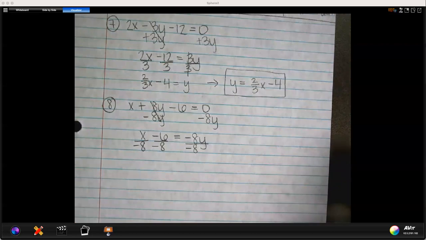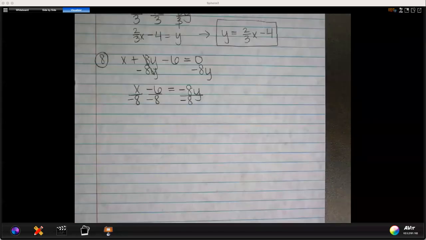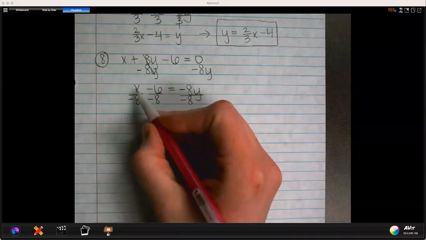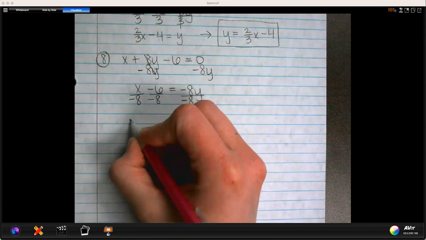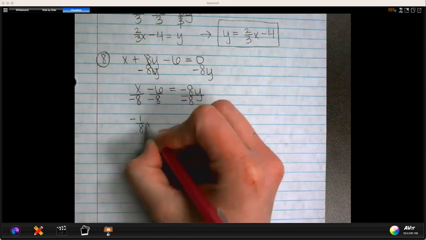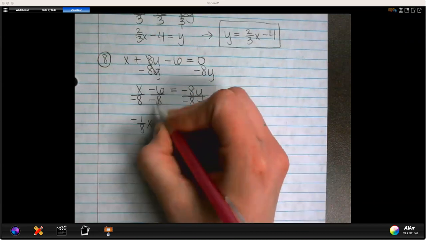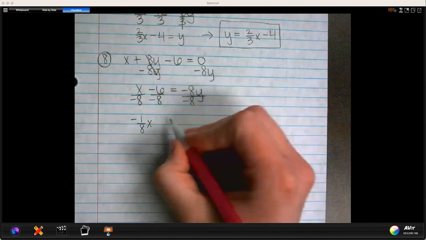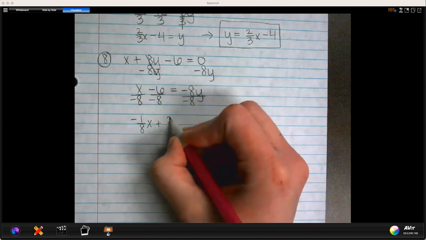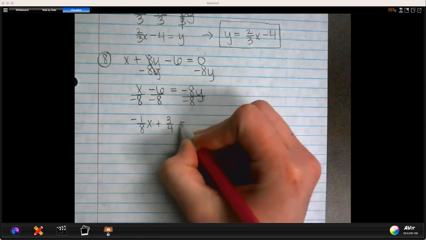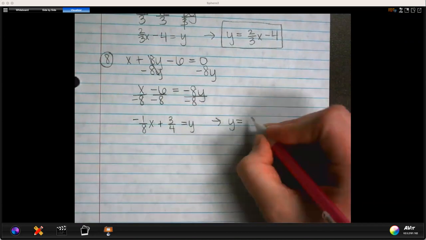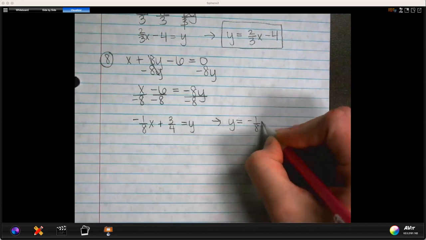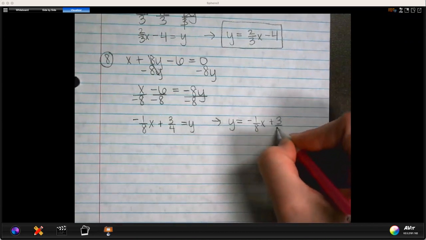Check with your neighbor what you got. All right, so when we have x by itself, technically it's 1x, so this would simplify as -1/8 x. -6 divided by -8 would become +3/4, which equals y. So final answer, y equals -1/8 x plus 3/4.